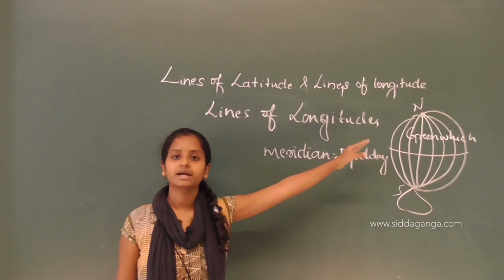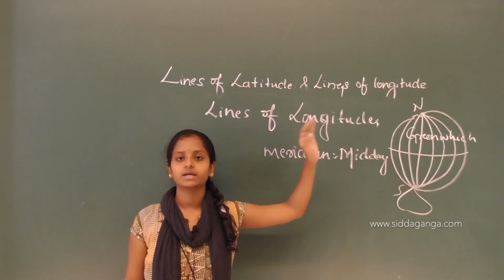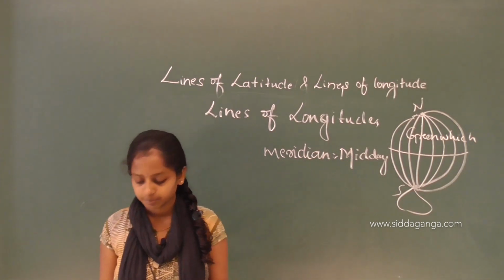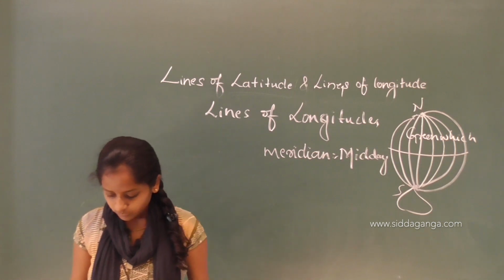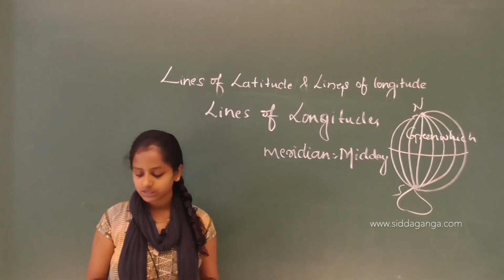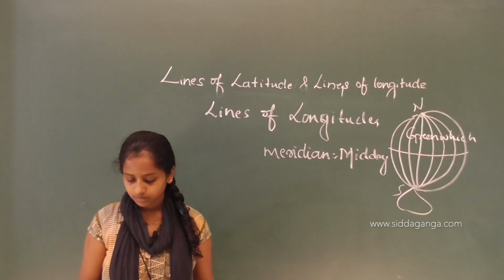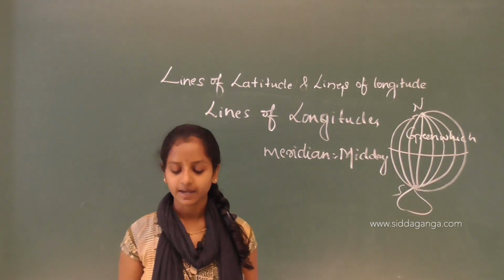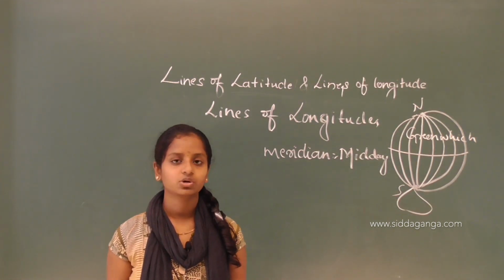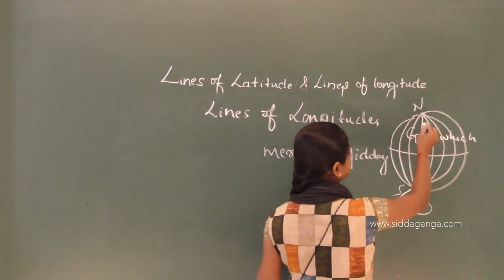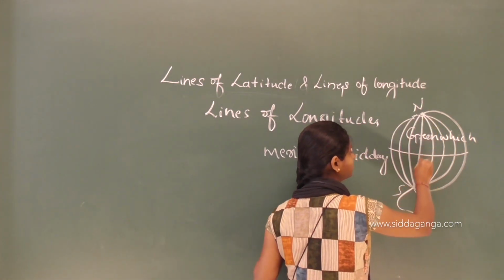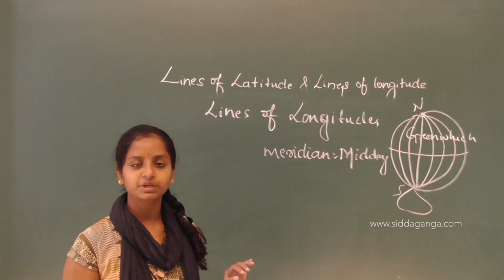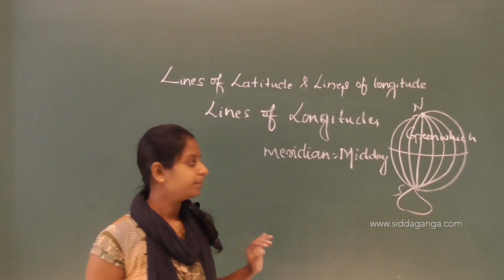It is numbered as 0 and all other longitudes are numbered starting with the 0 of the prime meridian and are followed by east or west. So here, this is the main meridian, the Greenwich meridian or prime meridian.